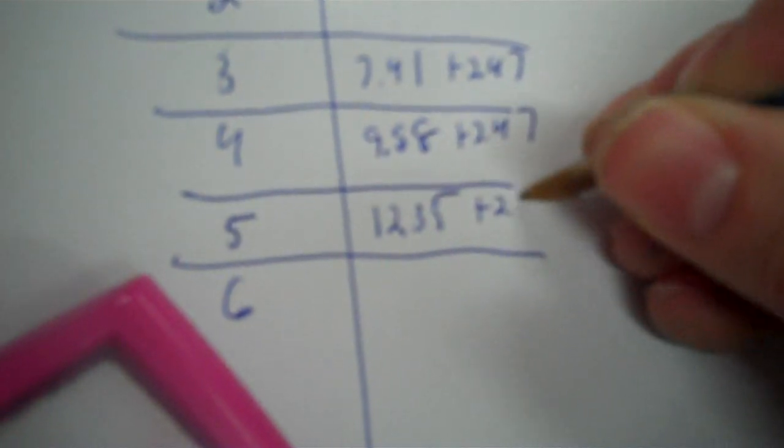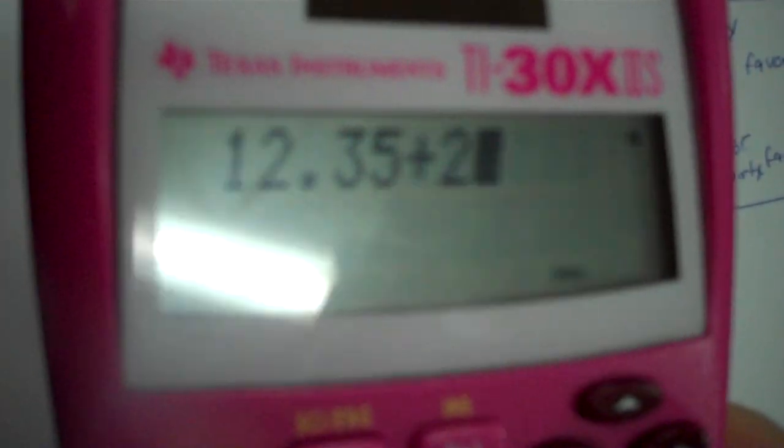Buy a fifth party favor, you add 2.47. Gives you $12.35. A sixth one, add 2.47. 14.82. Now you're wondering, when do I stop?